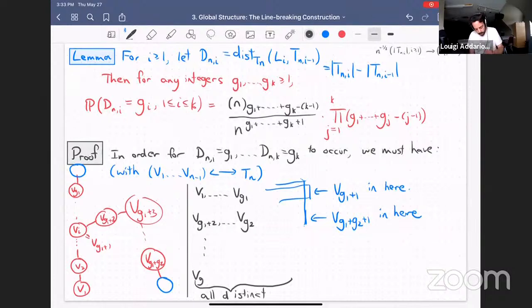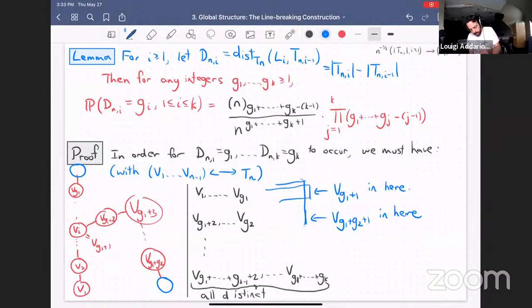So it finishes off with g_{k-1}, so g1 plus all the way up to g_{k-1} plus 2, and so on up to v_{g1+g2+gk}. Those should all be distinct.